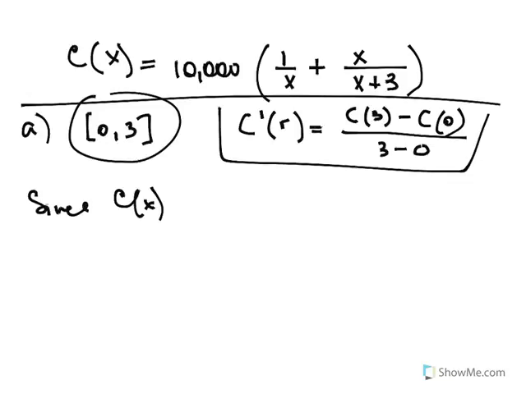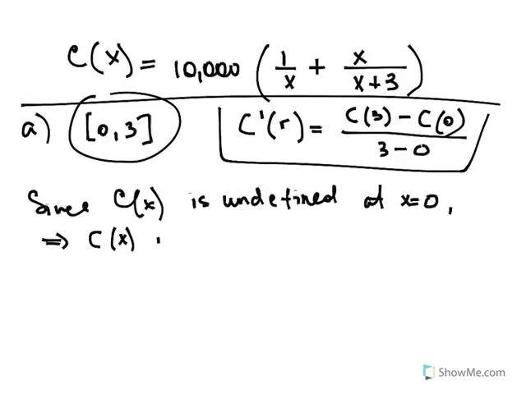You say since C of x is undefined at x equals 0, then C of x is not continuous on this interval from 0 to 3, because 0 cannot be included.